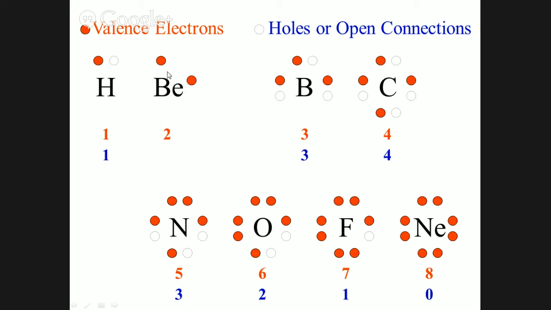Column 2 technically has no holes to fill up. These are going to all be metals anyway, so they're not going to be part of covalent bonding. We get over to boron, which can act as a nonmetal at times, and it has 3 spots that it could pair up to form covalent bonds.